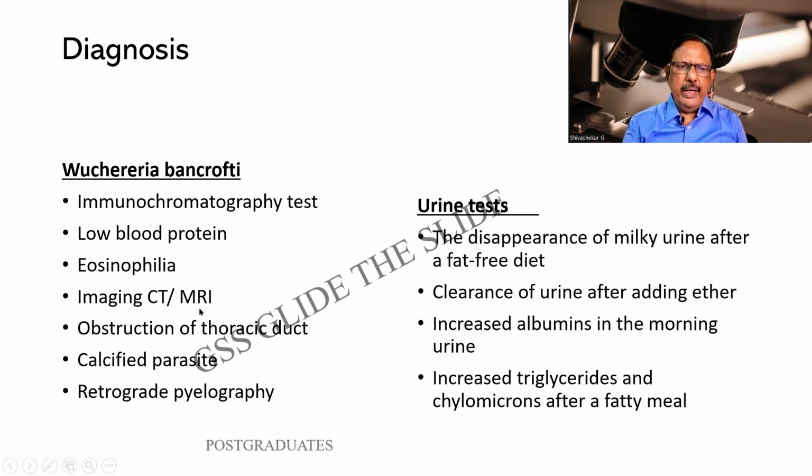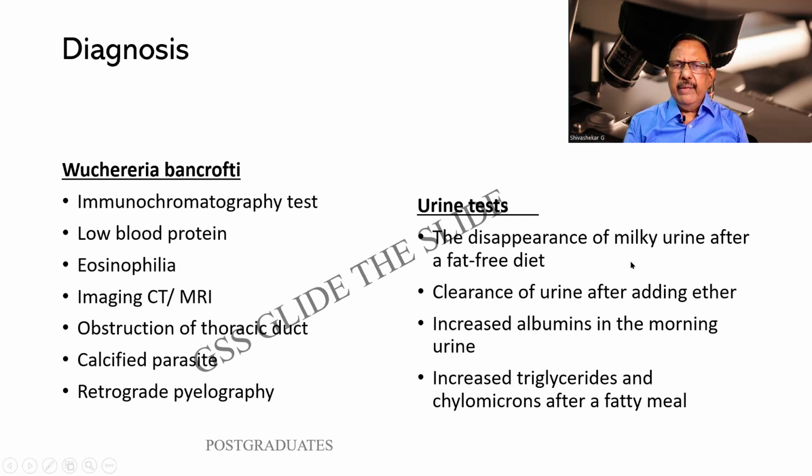Imaging, CT or MRI, can be used to see the obstructions in the major ducts such as the thoracic duct. Sometimes a calcified parasite. Your oral will be giving you a wonderful example of this. Retrograde pyelography. All these can be diagnostic methods of it.